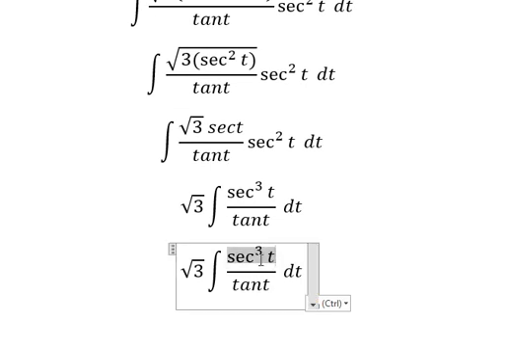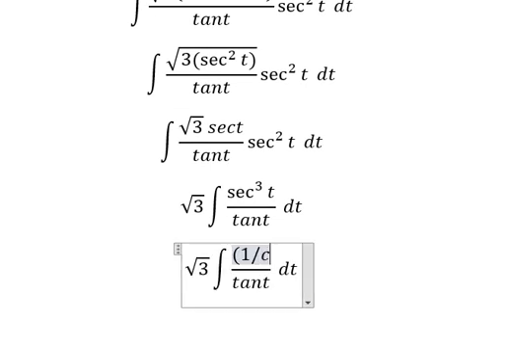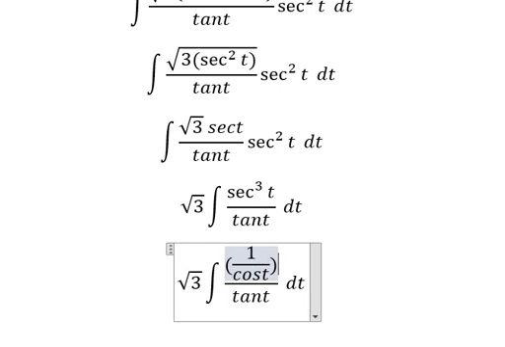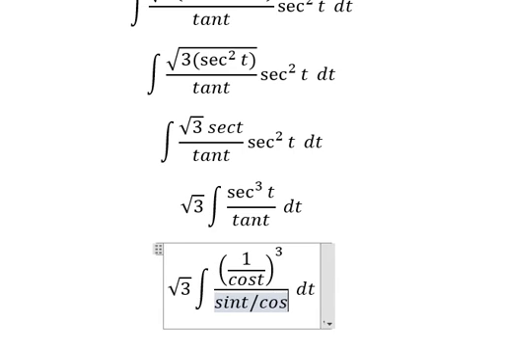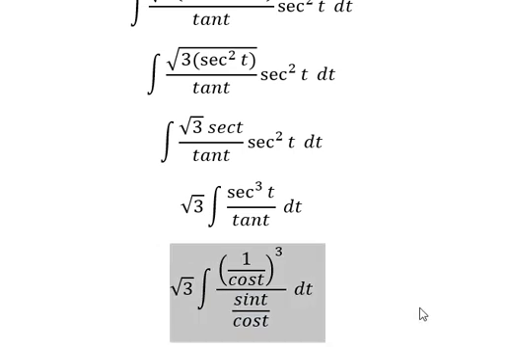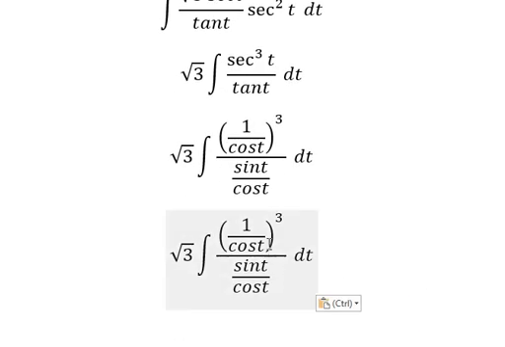Next, secant of t is 1 over cosine t, everything to the power of 3. This one we change by sine t over cosine t. Now we need to simplify cosine t and cosine t.